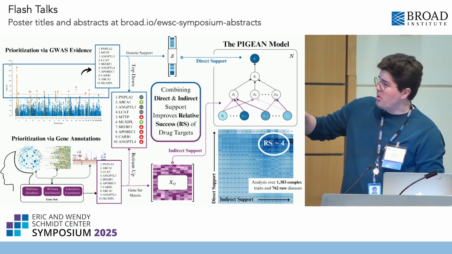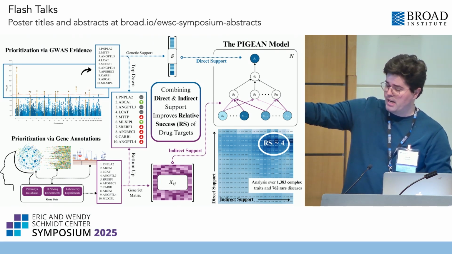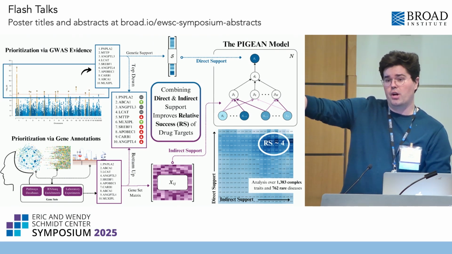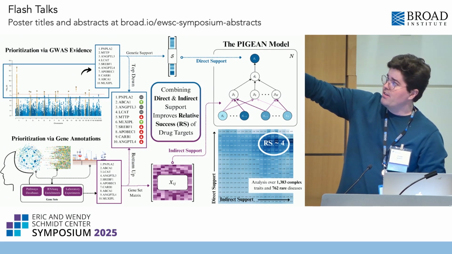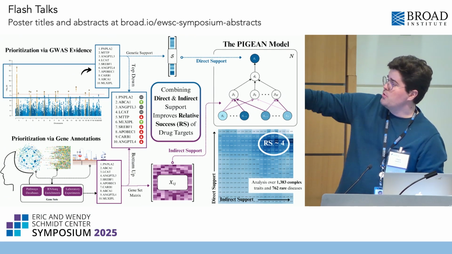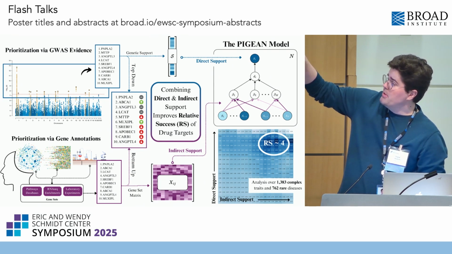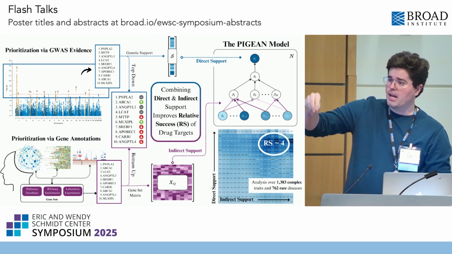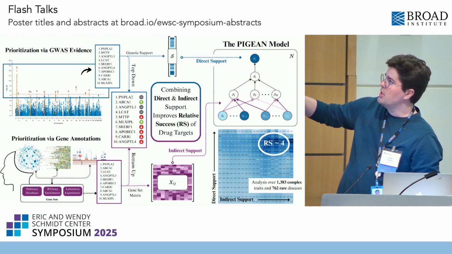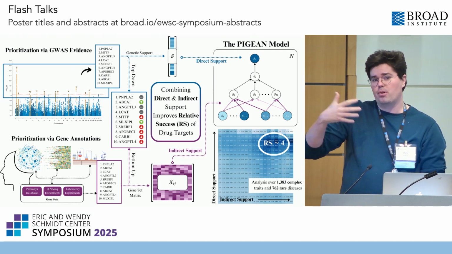So here we introduce this model Pigeon, where we take these gene annotations or gene sets that share common pathways, and use genetic evidence from GWAS to introduce this new concept that we're calling indirect genetic support, where genes could be supported by other high genetic evidence genes that share a functional annotation. And then we use that to prioritize targets.